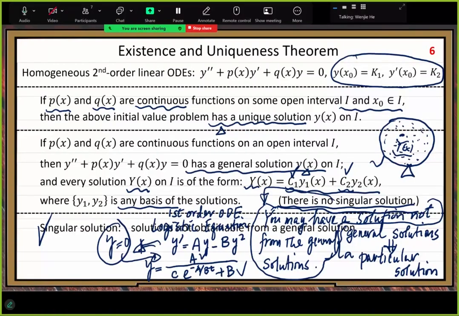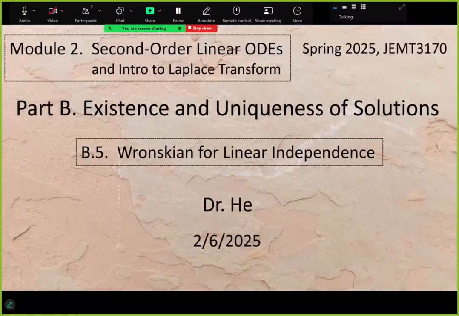The second topic, B.5, Wronskian for linear independence. Remember we talked about one question: how to check linear independence. Not just for two functions. We want to check linear independence for y1, y2, ..., yn.